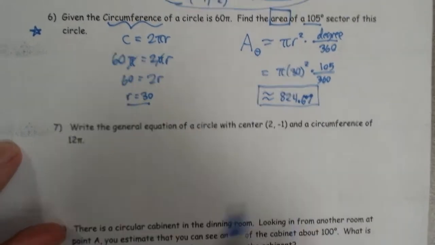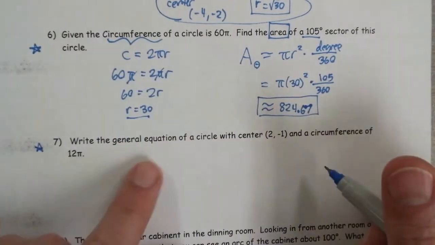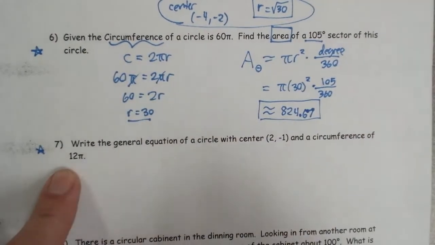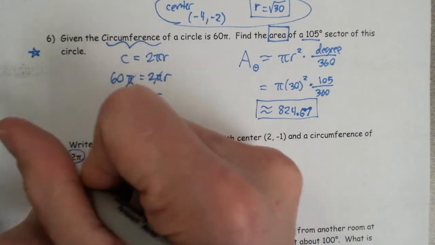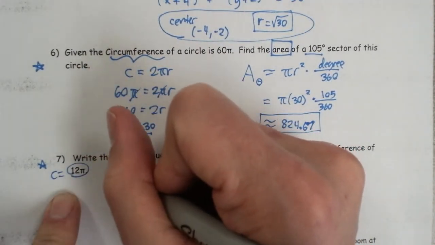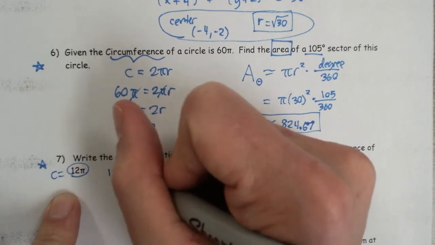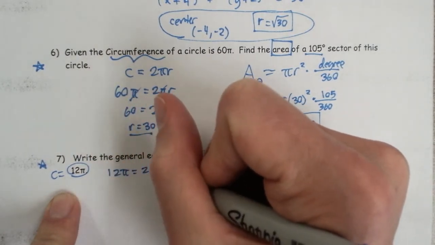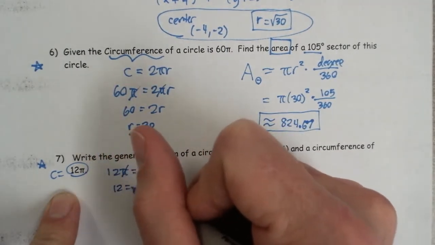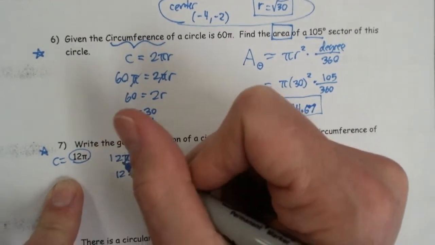Okay, question 7. Write the general equation of a circle with center 2, negative 1 and circumference of 12 pi. Well, let's start with the circumference. Just like the last problem, we can get the radius. Set it equal to 2 pi r. Cancel out the pi's. R is going to be 6.